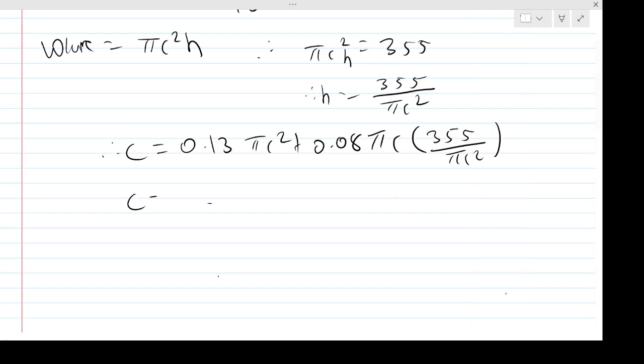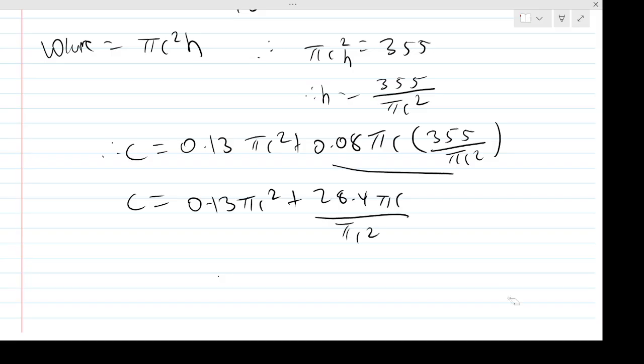So C is 0.13 pi r squared add 0.08 times 355, that would give me 28.4 pi r divided by pi r squared, right? So I've just expanded the fraction, so I times the top number, 0.08 times 355 gets me to 28.4, right?